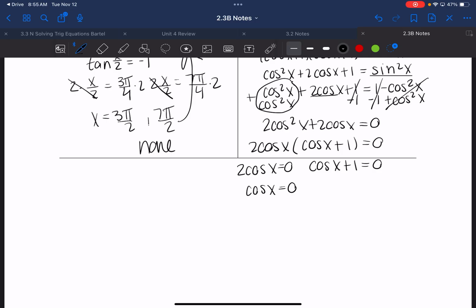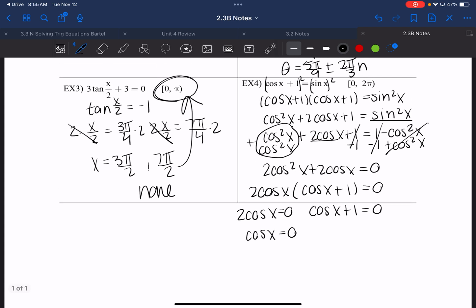And where is cosine 0? Pi halves, 90 degrees. So at pi halves and at 3 pi halves. And then over here we've got cosine of x equals negative 1.